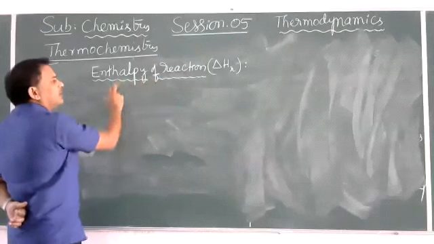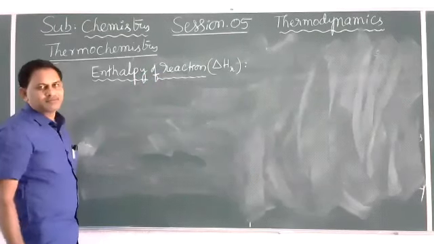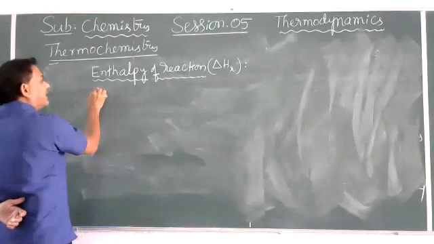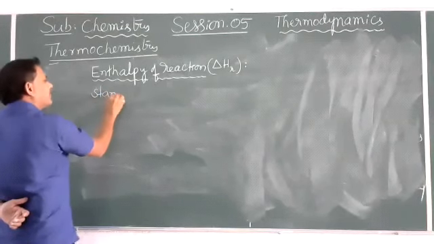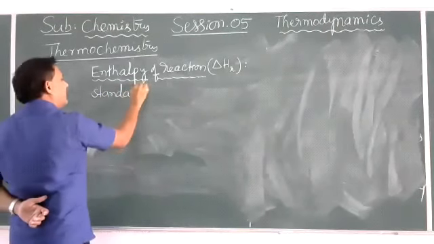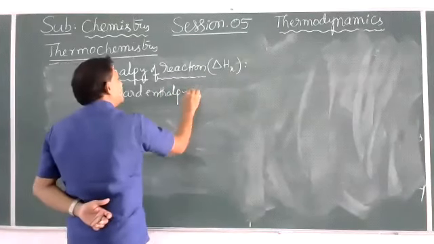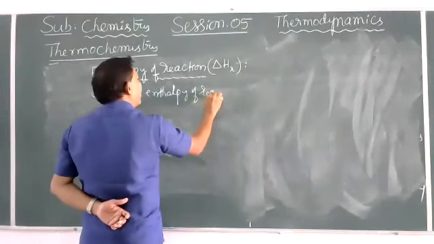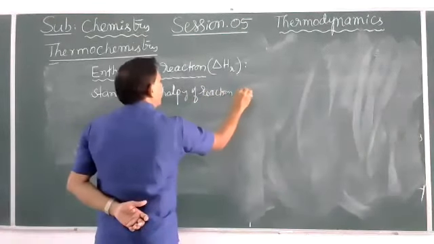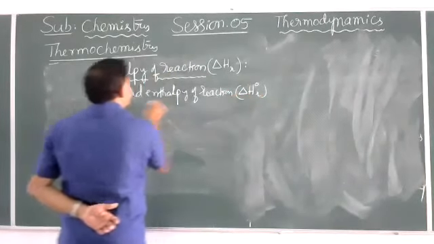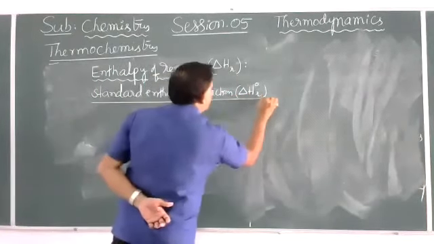That is called enthalpy of reaction. The same enthalpy of reaction calculated under standard conditions is called the standard enthalpy of reaction, denoted by delta H naught R.